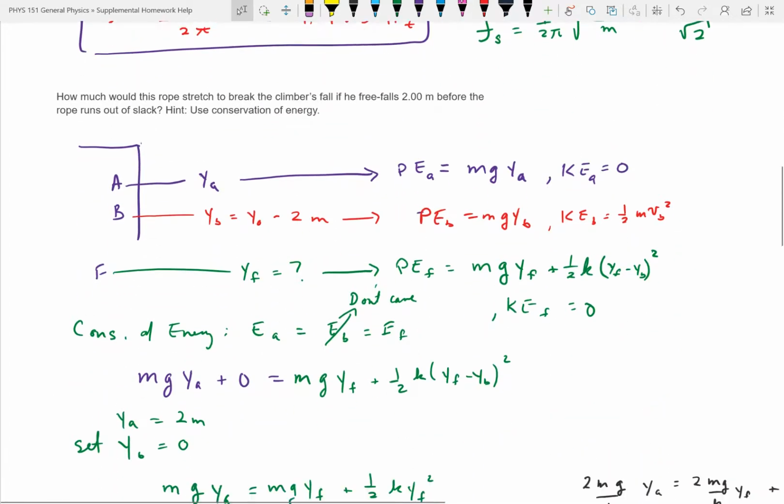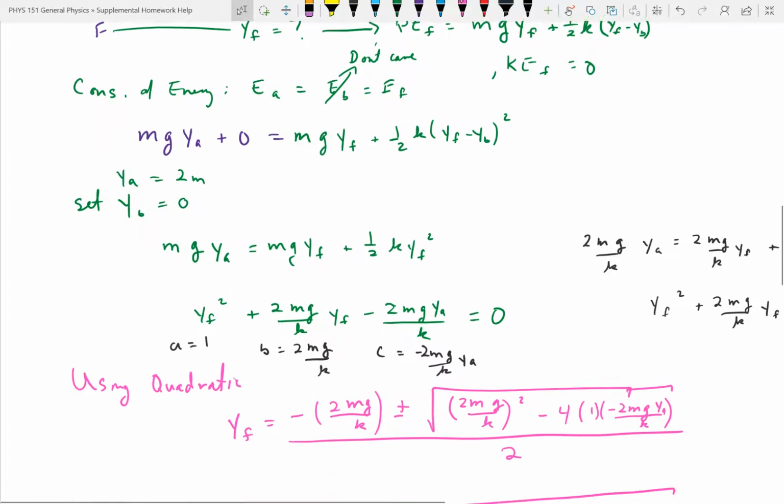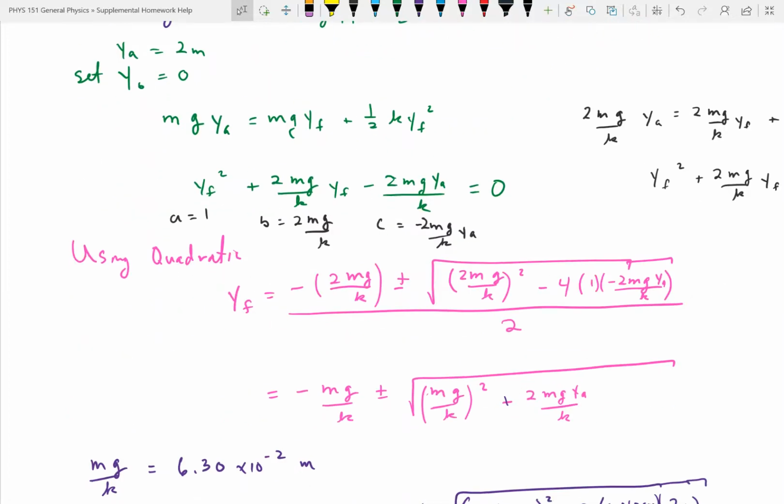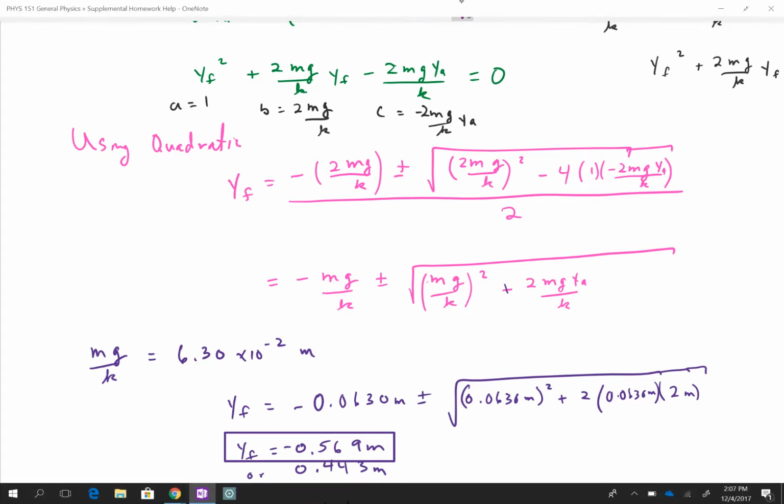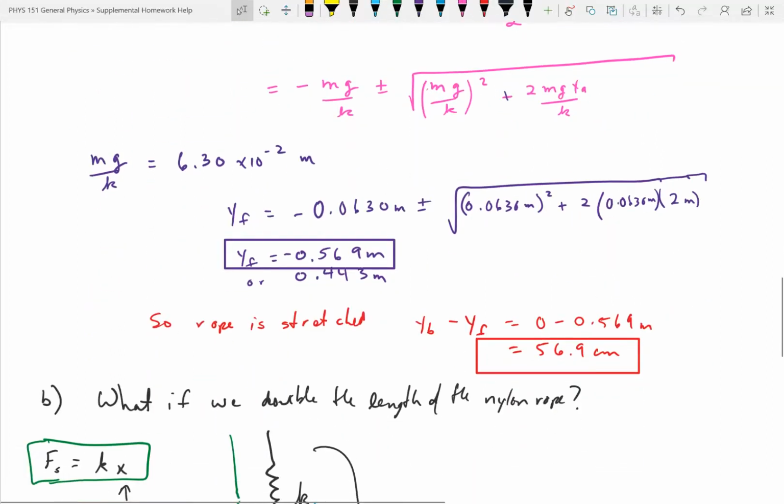Now, the next portion, of course, all of this is the same. So you get down to exactly the same quadratic, except for instead of k, it's k over 2. And so you're going to have just a square root of 2, right? Because all of these have k on bottom.